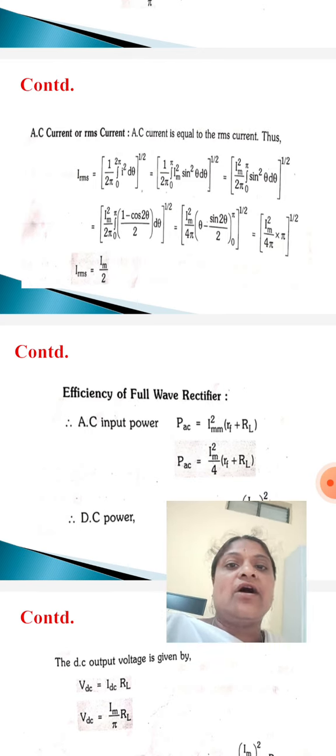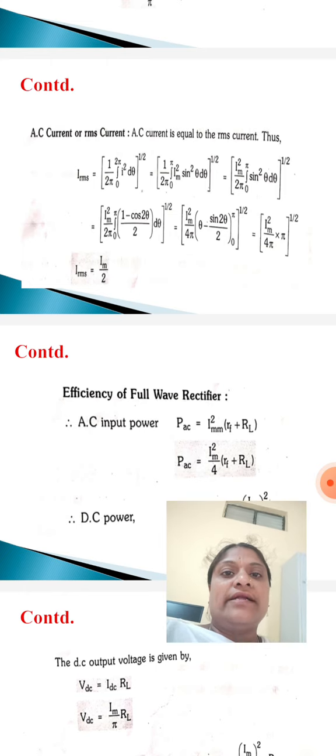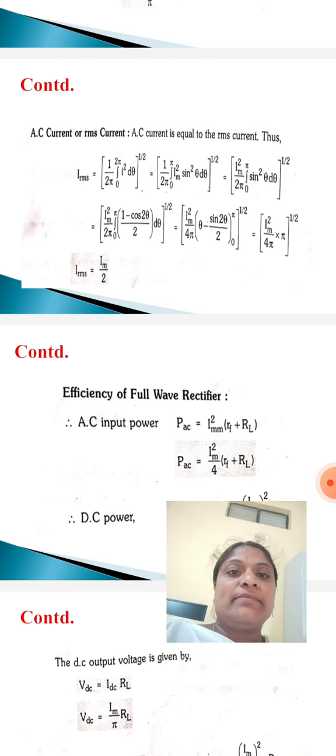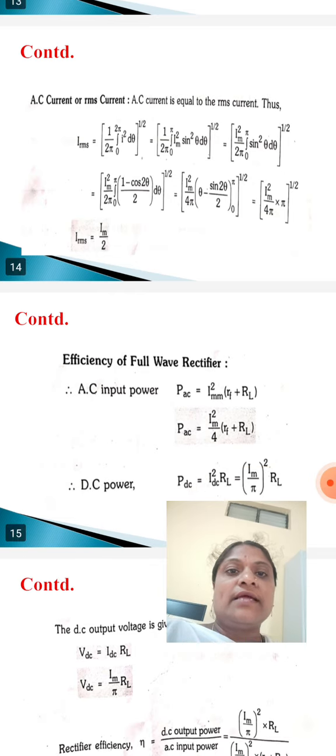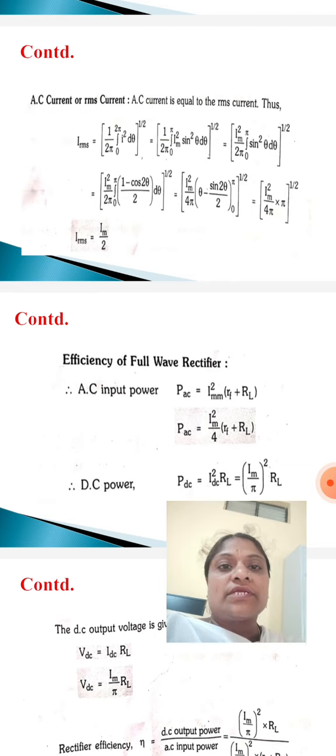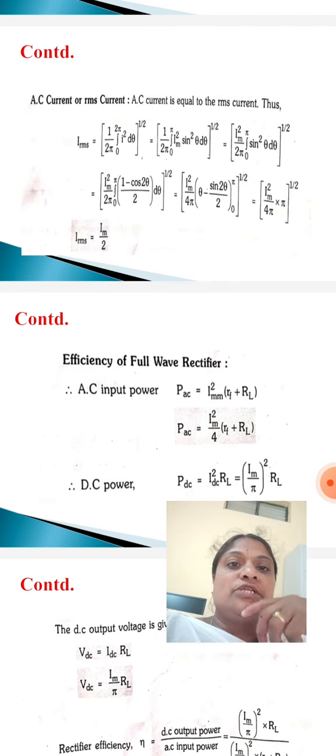Thus IRMS = square root of 1/2pi integration 0 to 2pi of i square d theta. Square root means power 1/2. Split the integral into 0 to pi and pi to 2pi. For pi to 2pi there is no current, that means the current is 0. So we only take the integration 0 to pi of i square d theta.